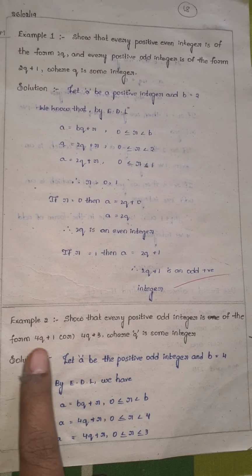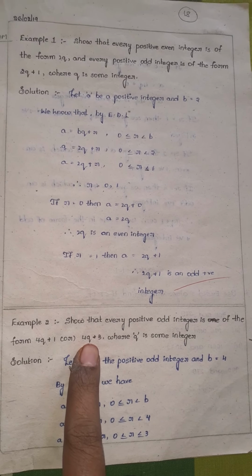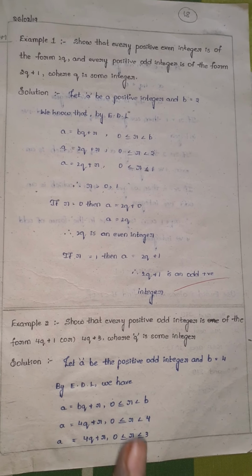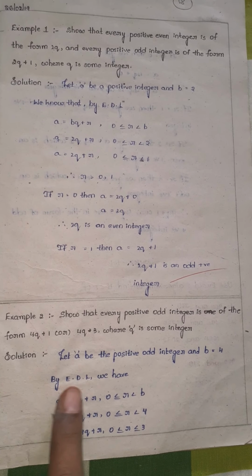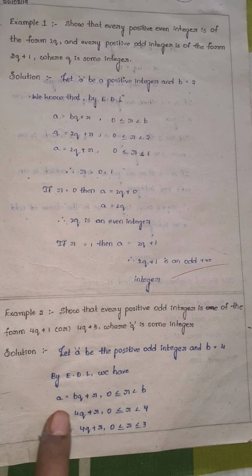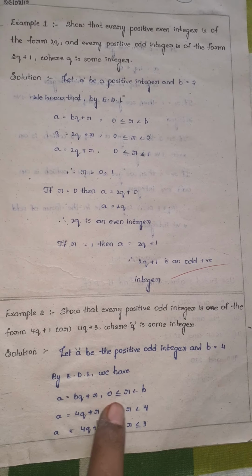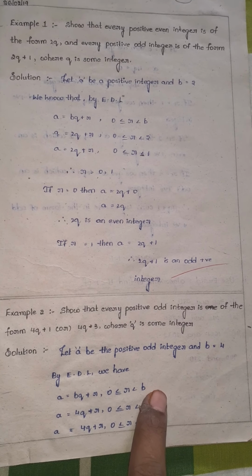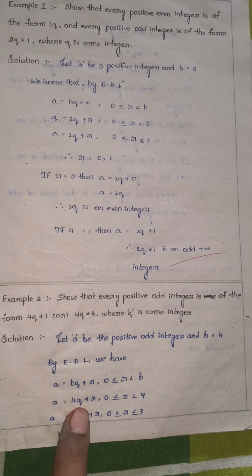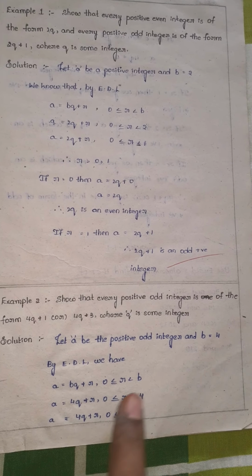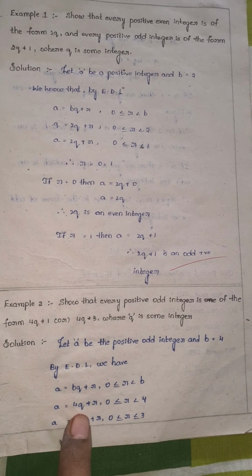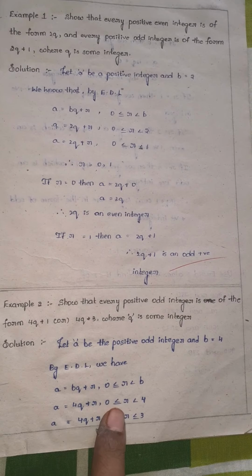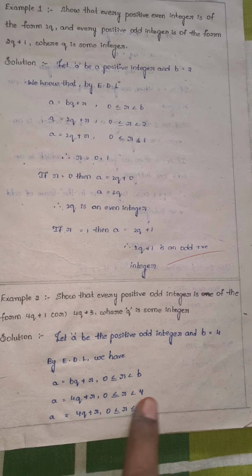Whatever number he gives here, that same number he gives there. So b equals 4.